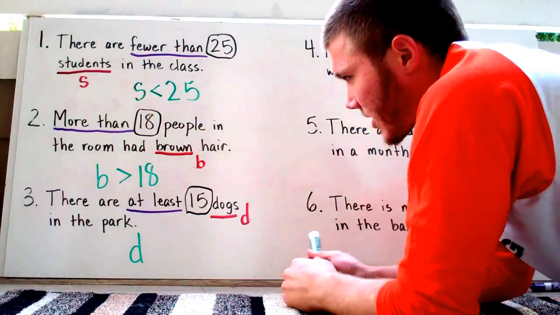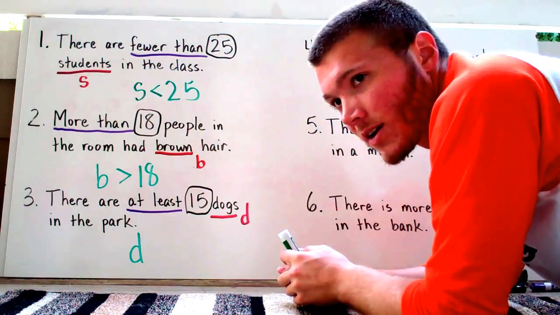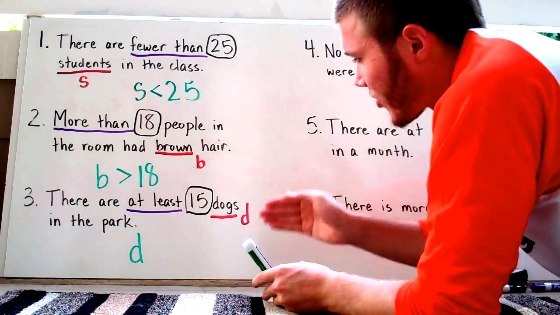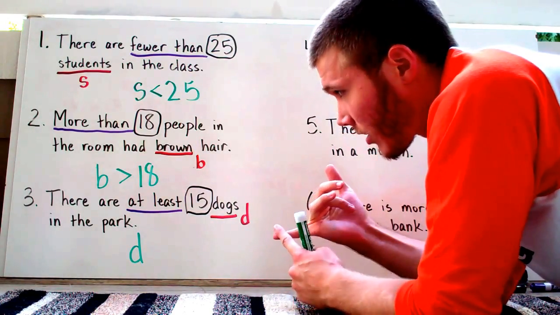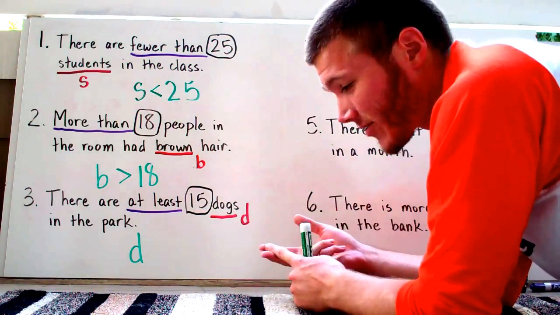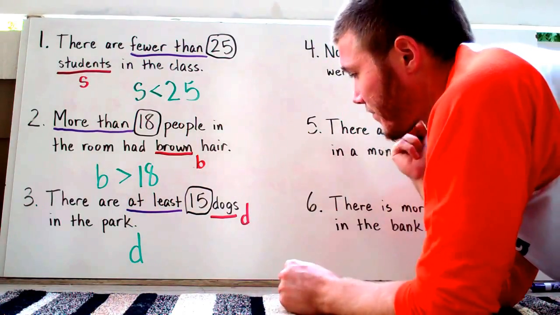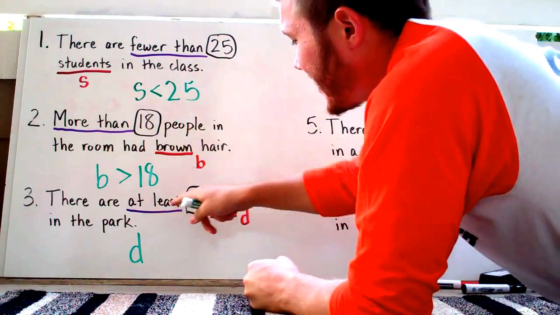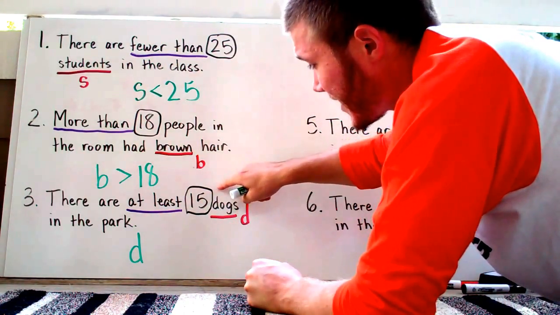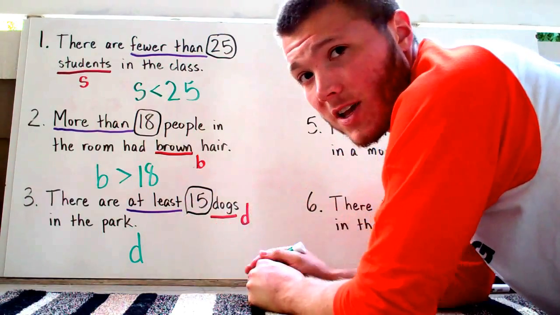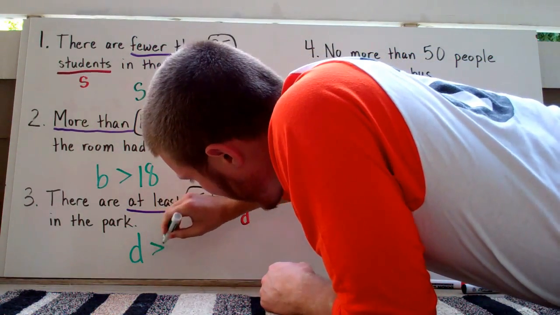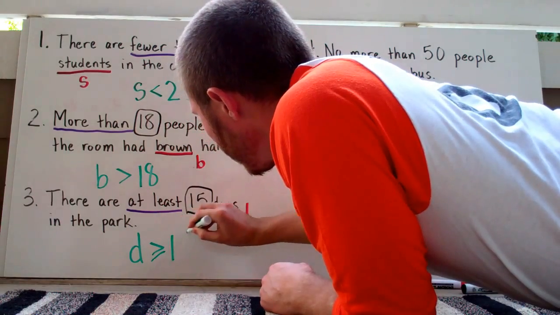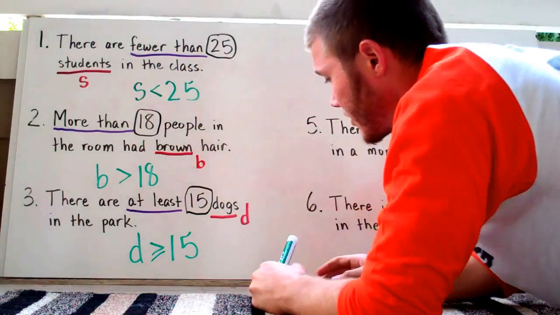Think about this sentence, class. There's at least 15. That means at the least there are 15 dogs. So that means there can be 15 dogs in the park, 16 dogs, 17 dogs, 18 dogs. But at least 15. So 15 is a possible solution for D. So that means that D must be greater than or equal to 15.